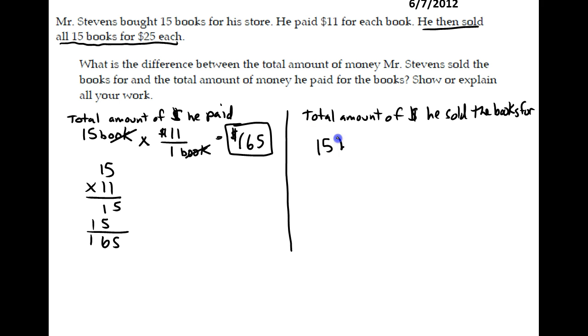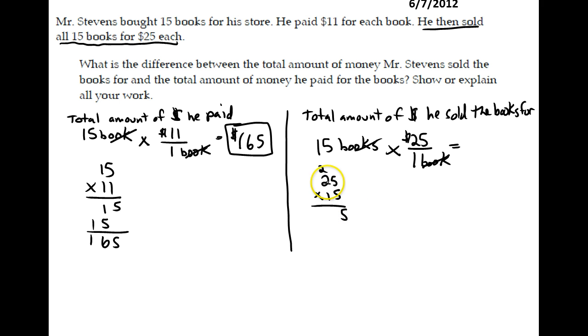All 15 books at a price of $25 per book. The books cancel out. They'll give us dollars. We're going to multiply, and we'll take 25 times 15.